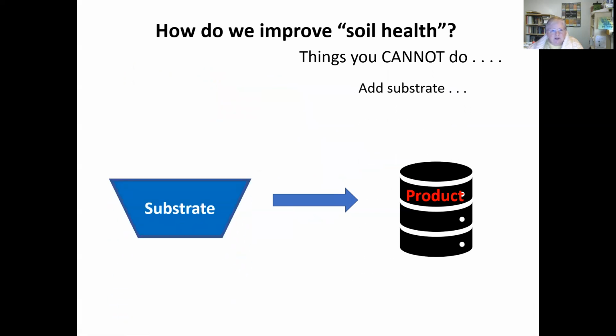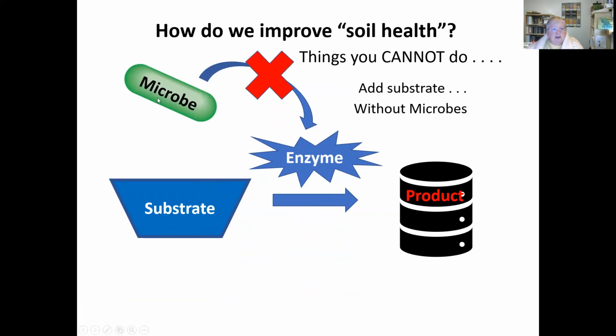Another thing we cannot do is add substrate without microbes. Again, the microbe makes the enzyme, but in this case, without the microbe, you're not going to have the enzyme. So if you boost hugely the organic matter, that's a substrate for the microbes, but if you don't have a lot of microbes around, the substrate is going to sit there.